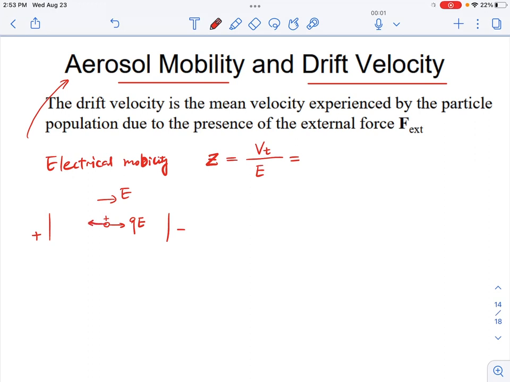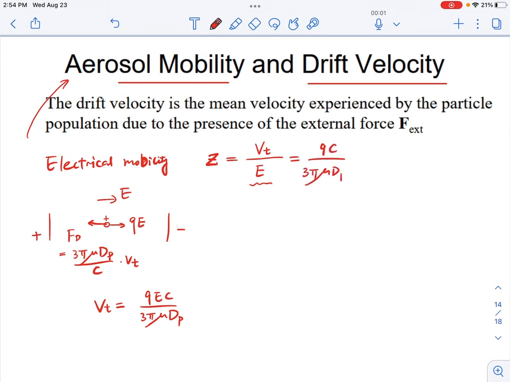The force balancing QE is the drag force, 3 pi mu dp divided by C, multiplied by V. Since we're talking about terminal velocity, we use VT. So VT is QEC divided by 3 pi mu dp. Then we normalize by the field strength, so the E gets canceled, and you get QC divided by 3 pi mu dp.